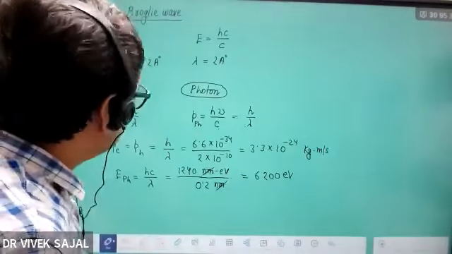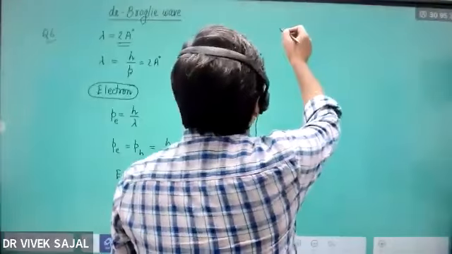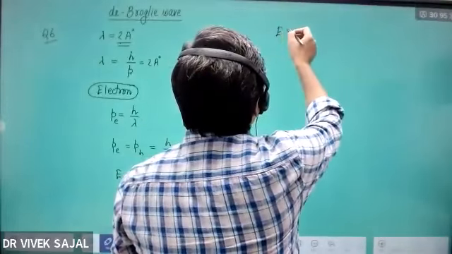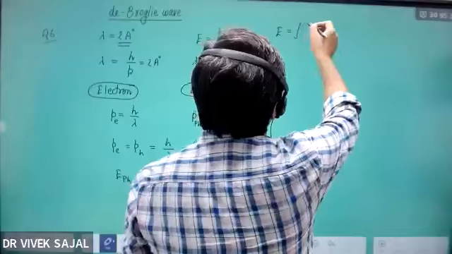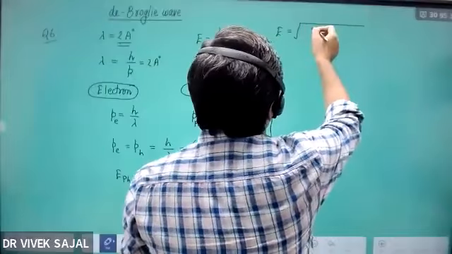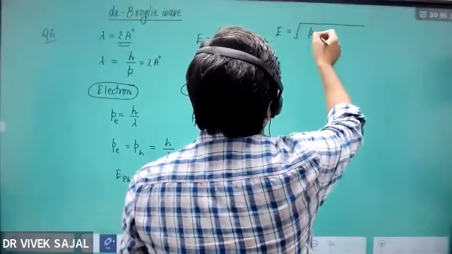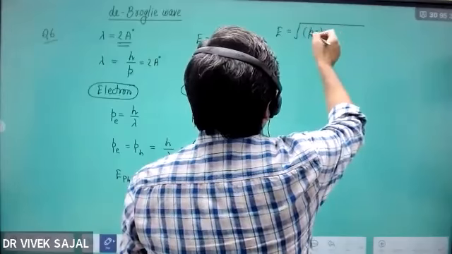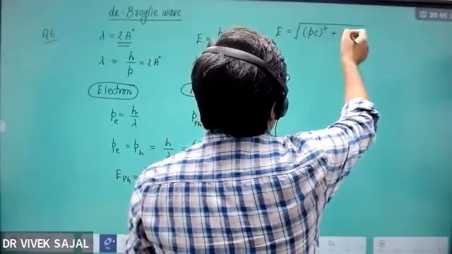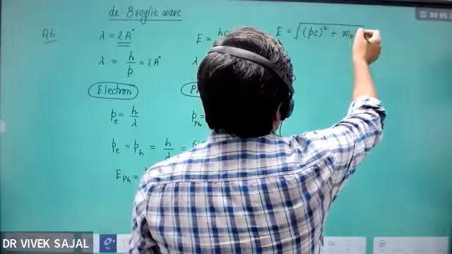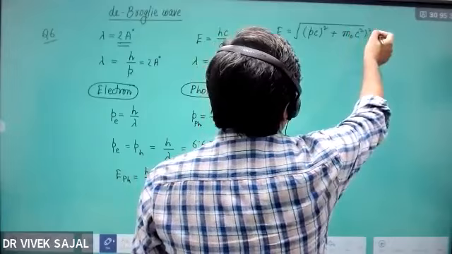Next, for the electron, what will be the E? E will be the square root of P square C square plus M naught C square whole square.